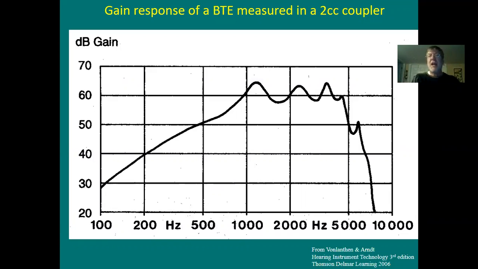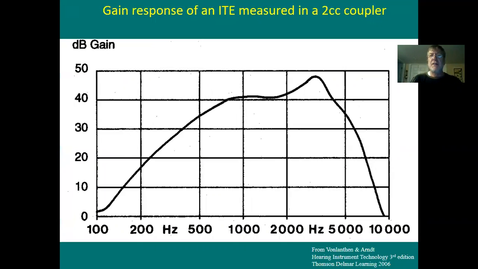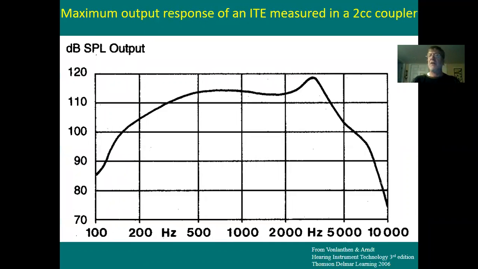This just happens to be this particular hearing aid, but in a BTE. Now look at a gain response of an ITE. This is just some fictitious example, not that all ITEs do the same thing, obviously, of its maximum gain, let's say, and here's its OSPL 90.